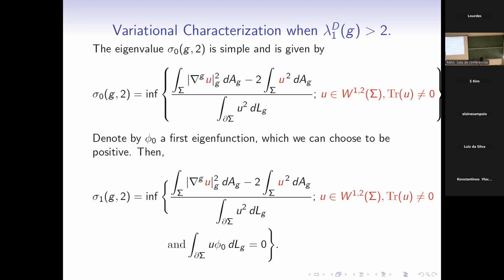The first Steklov, no, not Steklov. The first Laplacian eigenvalue with the Dirichlet boundary condition is strictly bigger than 2. So we'll be working with all the functions such that when you look at the first Laplacian eigenvalue with Dirichlet boundary condition, this is bigger than 2.